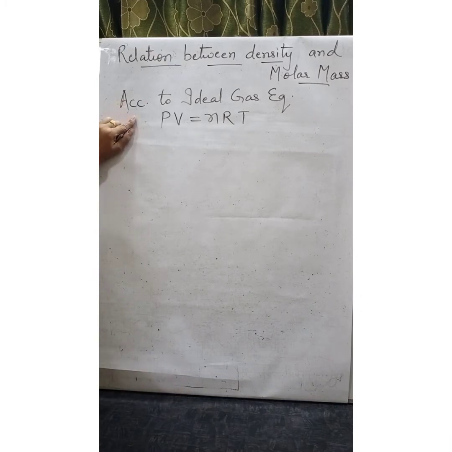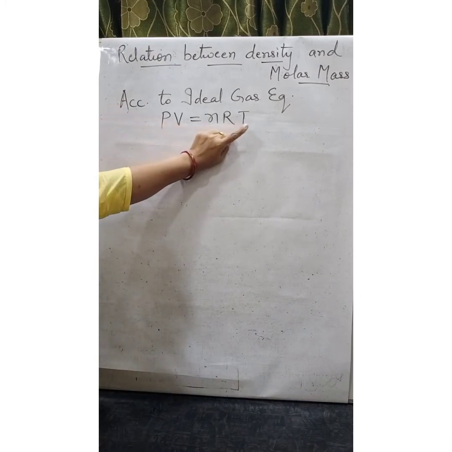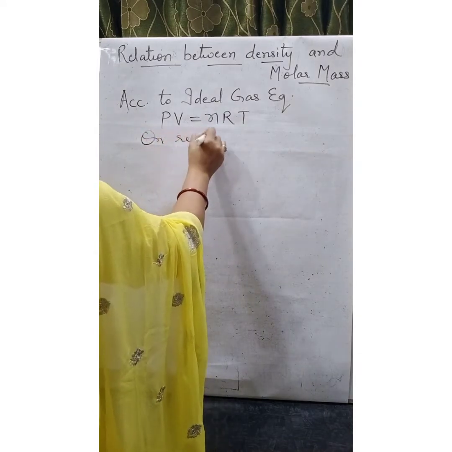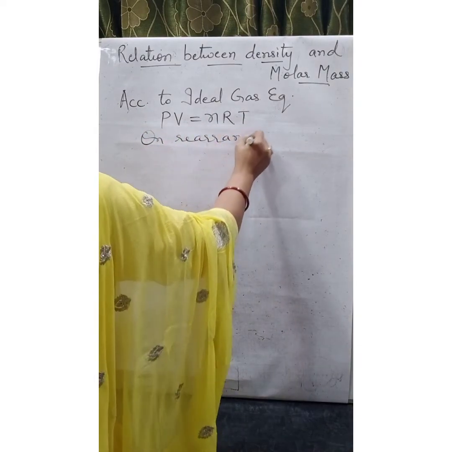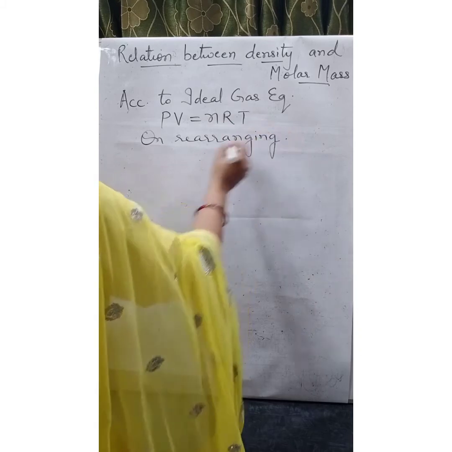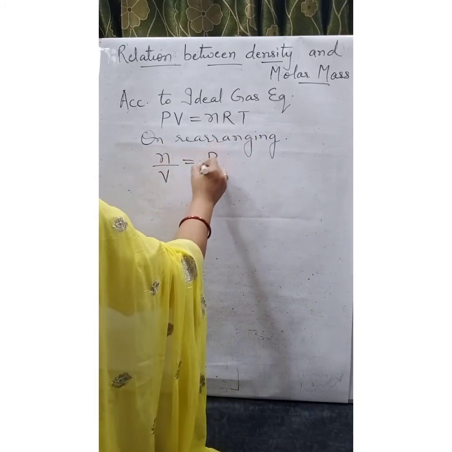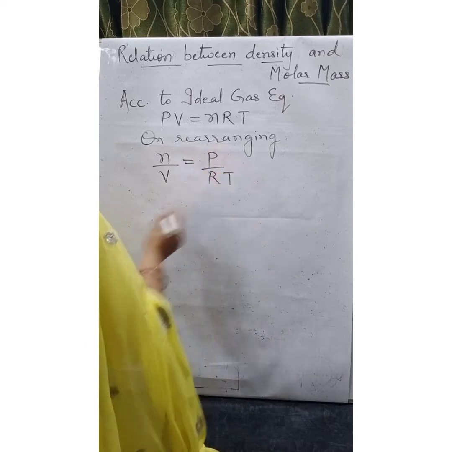According to the ideal gas equation, PV is equal to nRT. On rearranging this equation, we can get n by V is equal to P upon RT.